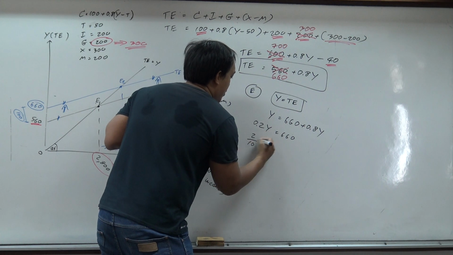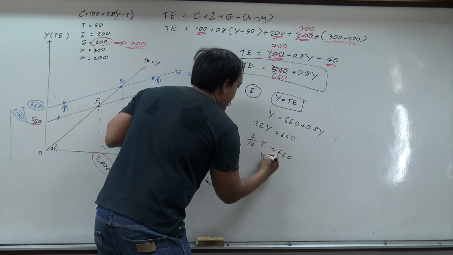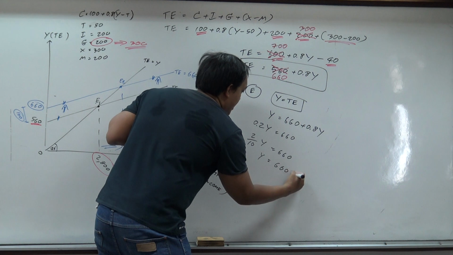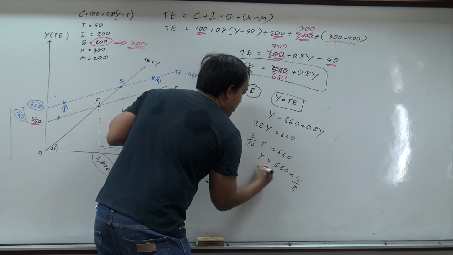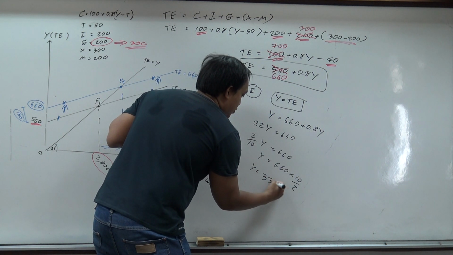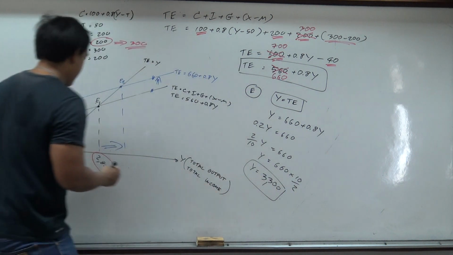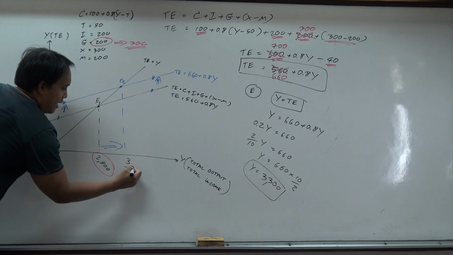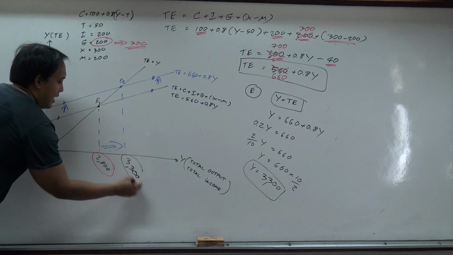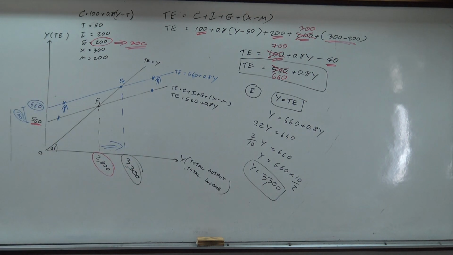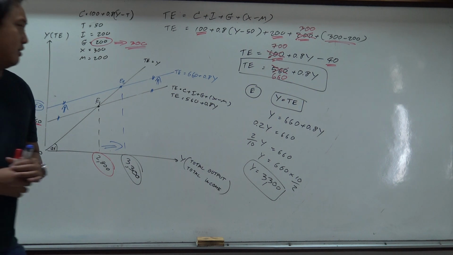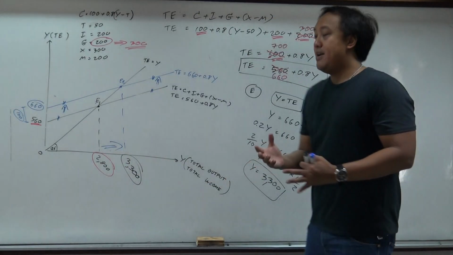This is like 2 over 10, so y equals 660 multiplied by 10 over 2, equal to 3,300. This is 3,300.